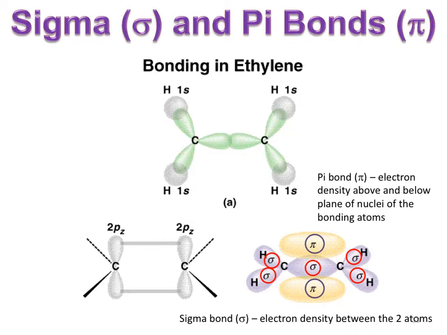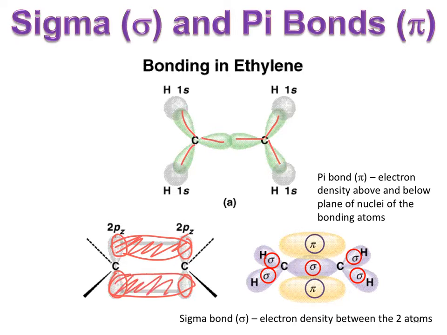Here in ethylene, we see that the carbons are both sp2 hybridized, so they will have a p orbital which sticks up perpendicular from the plane of the sp2 hybrids, and these can overlap with each other and create a bond that has 2 lobes, one above and one below.